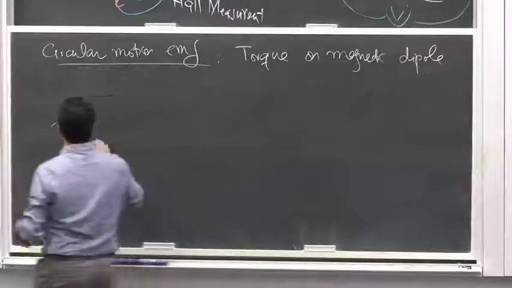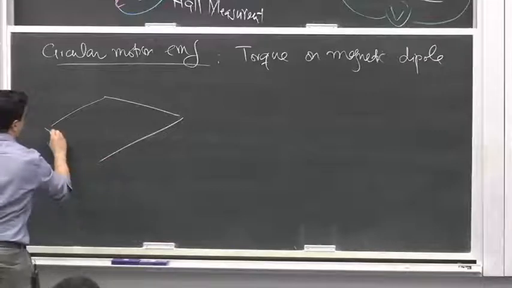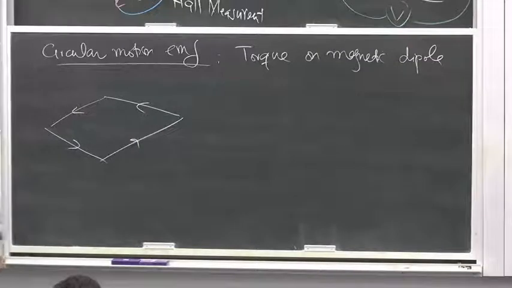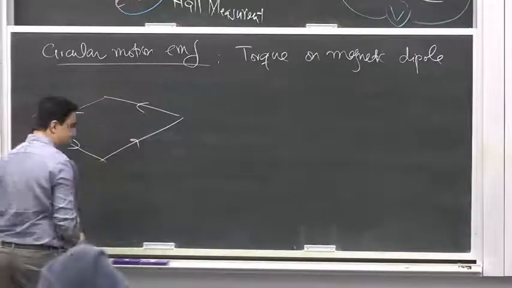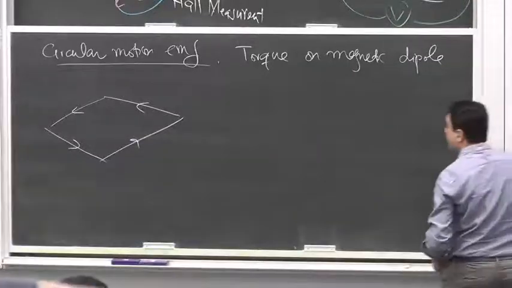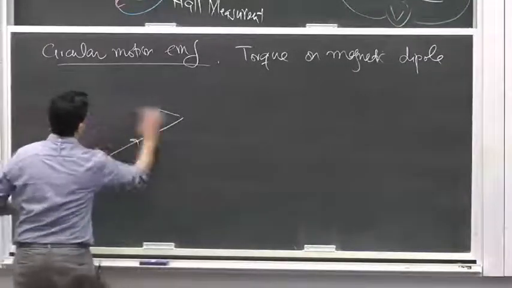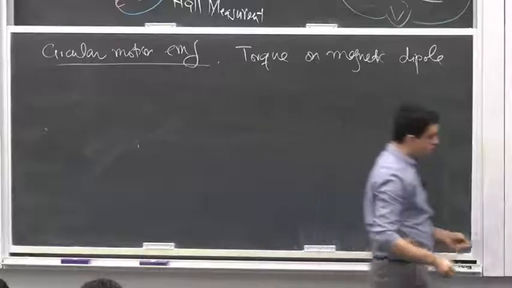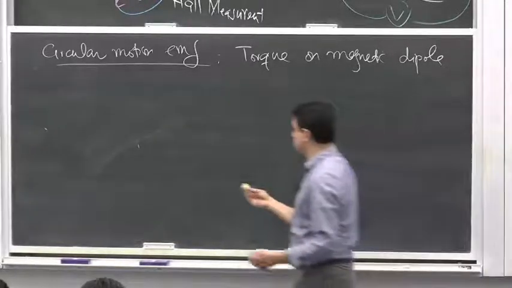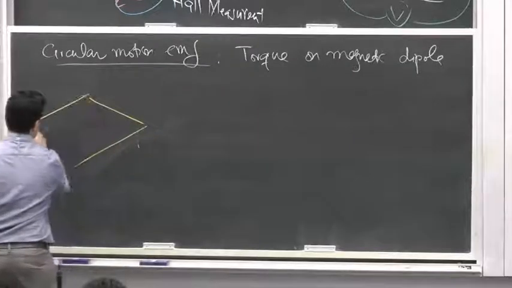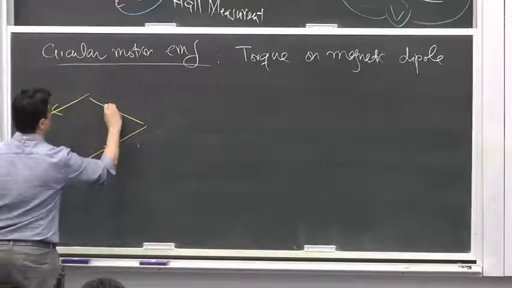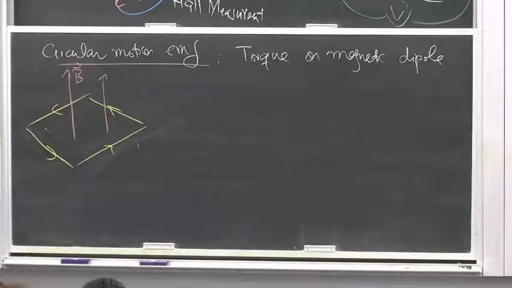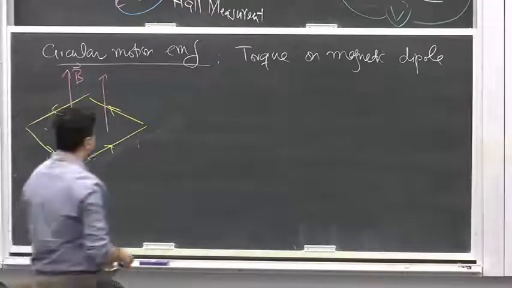So instead of a wire, if you have a coil which has a certain current going through it, and it is placed in a certain magnetic field, let's say a magnetic field which is perpendicular.